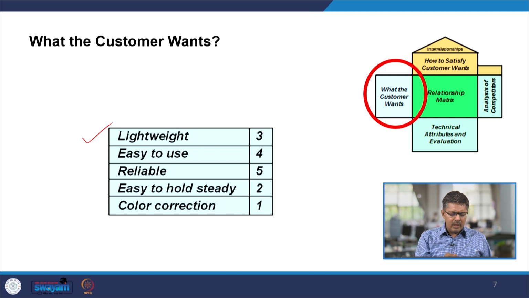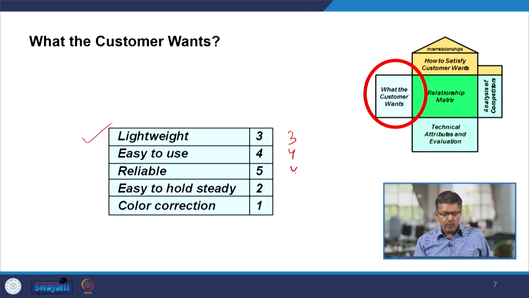These five points are very important and were rated 1, 2, 3, 4, 5, but there can be situations where two different customer wants have the same score. It is not necessary that it has to be a rank. It could be something like 3, 4, 4, 2, 2. There is no compulsion that it has to be a rank.